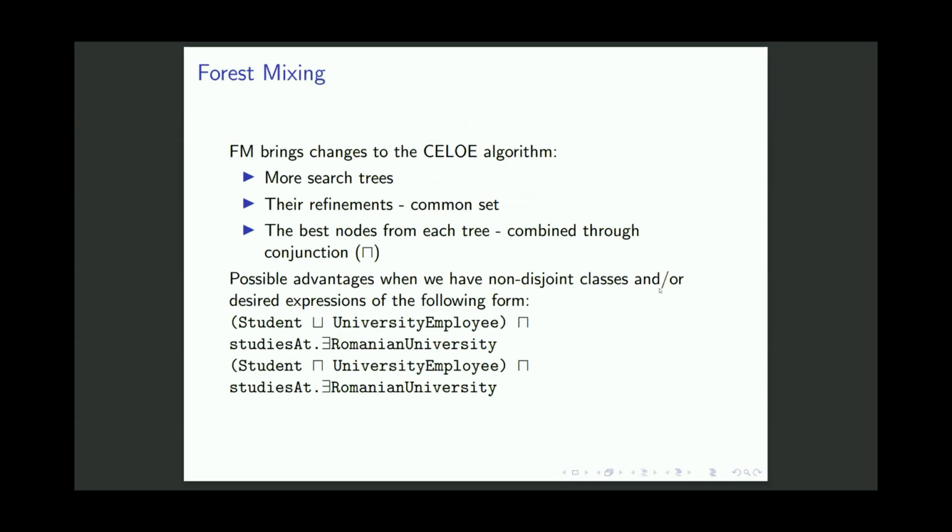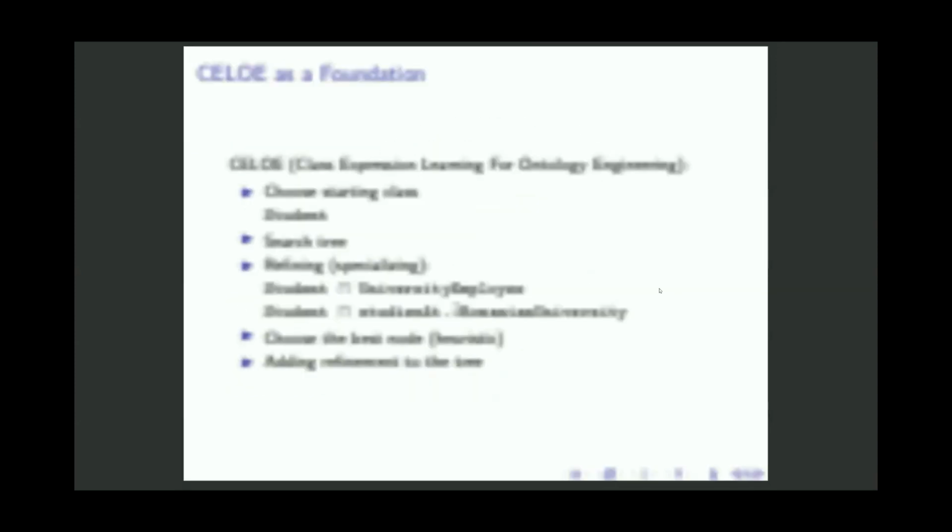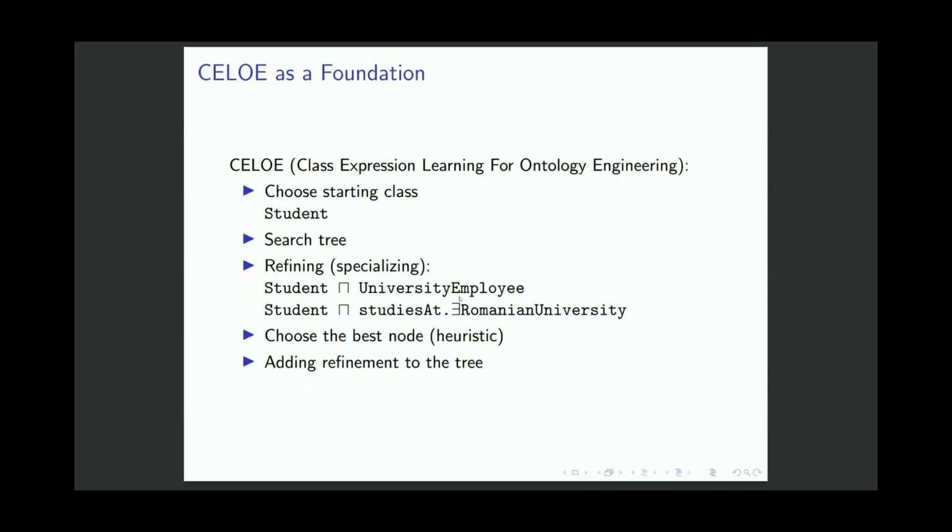And what does our approach give us? Instead of starting with only one tree and continuing to create that tree, we use multiple search trees starting from totally different points in the ontology, and their refinements. Refinements are, again, the specializations of a certain node.